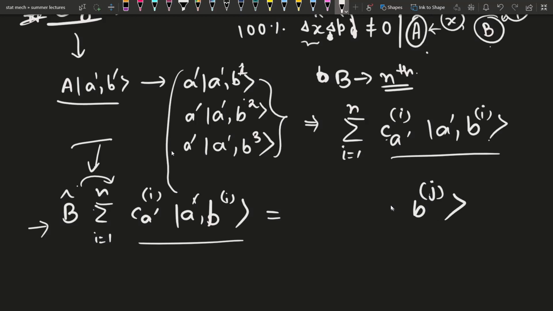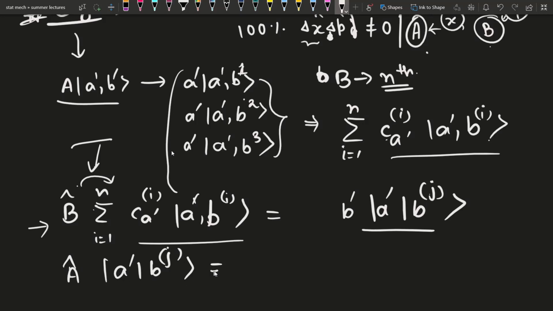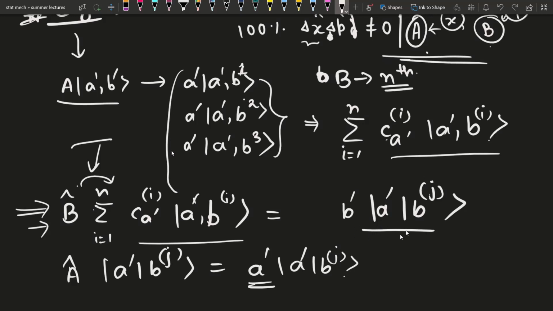It will take Bj, the summation will no longer be there, and this will give some eigenvalue, suppose B'. Then if you again apply the operator A on this state, you will get the same eigenvalue, because, like the non-degenerate case, this operation is again not affecting the A state.